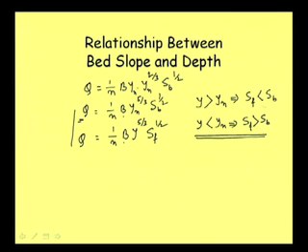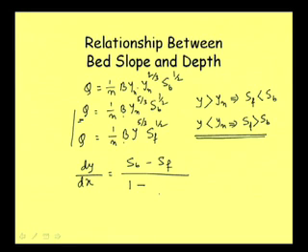So, we can write the original expression we had: dy/dx is equal to (SB minus SF) divided by 1 minus Q squared T by g A cubed.